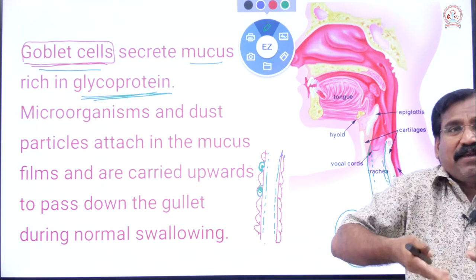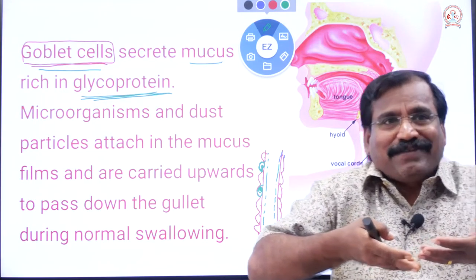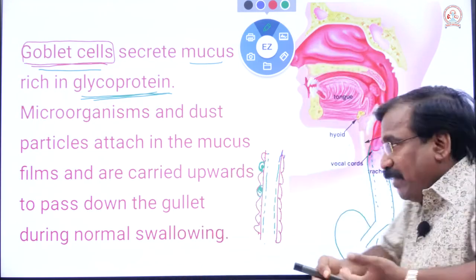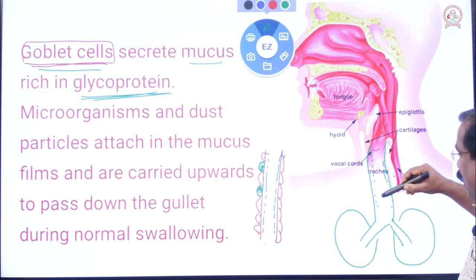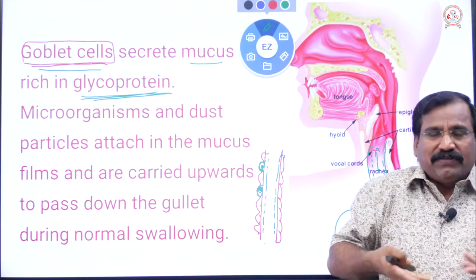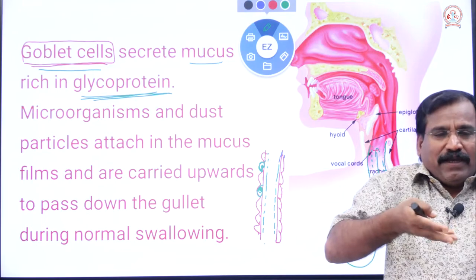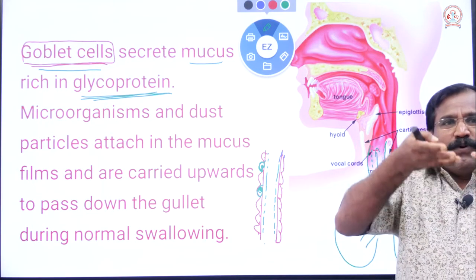The particles, microorganisms and dust attached to the mucous membrane are separated and carried upwards by the action of ciliary movement. The cilia bring it upwards, and the mucus lining is removed upward.